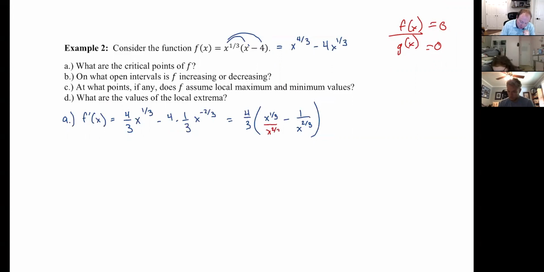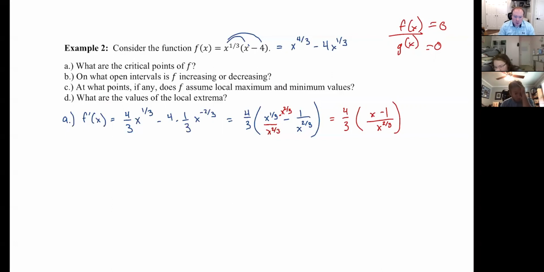So what I'm going to do is multiply the bottom by x to the 2/3. At the same time, I'll multiply the top by x to the 2/3. Because when I do this, I have 4/3 out in front, and then I have x minus 1 in the numerator, and I have x to the 2/3 in the denominator.